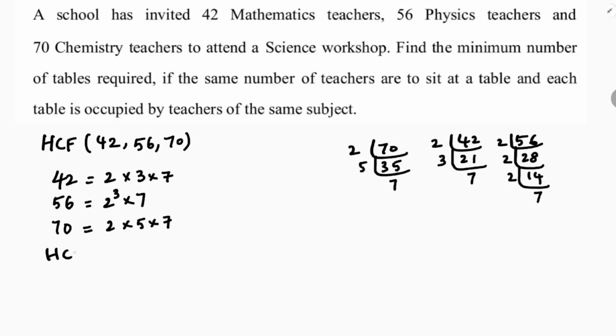So the HCF of 42, 56, 70 is, see here, the HCF definition is the product of common prime factors. So here the common prime factors are 2 and 7. In all three we have 2 and 7.